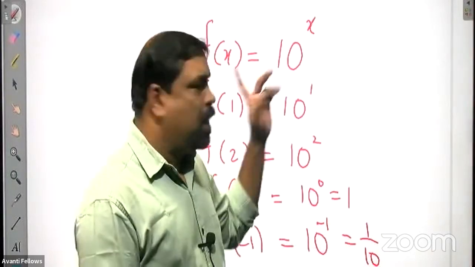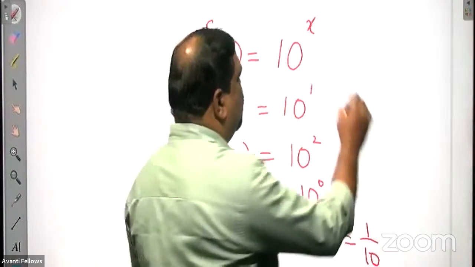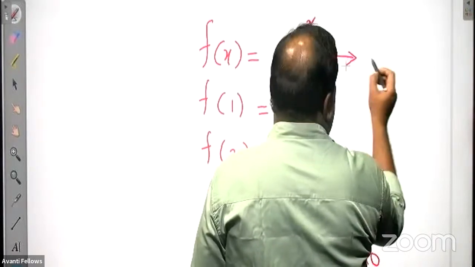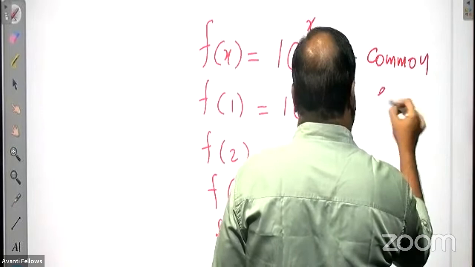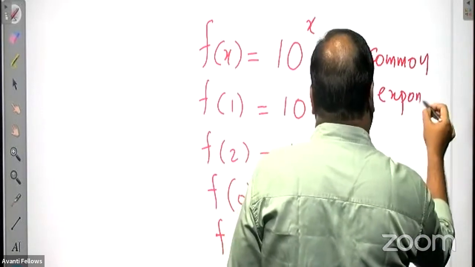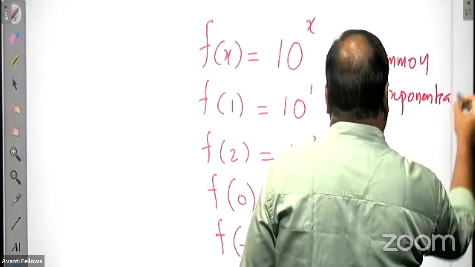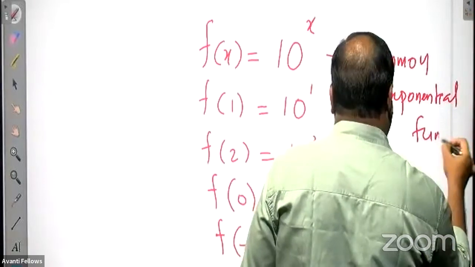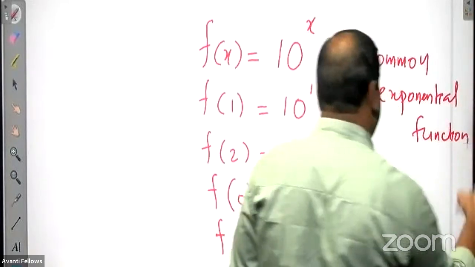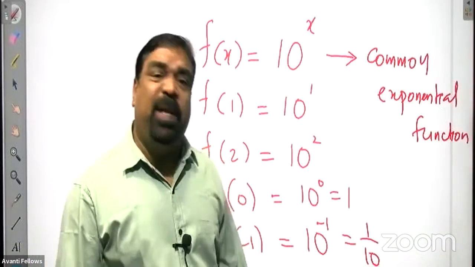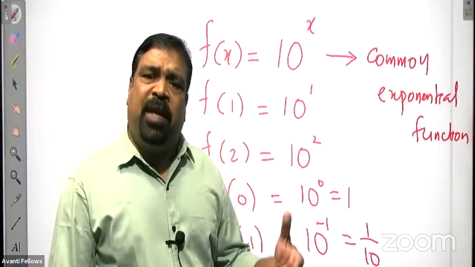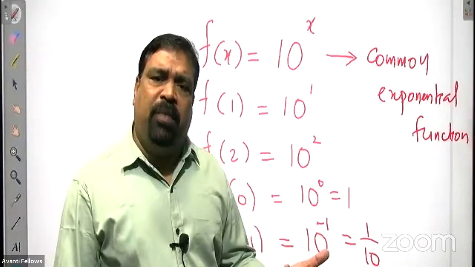The base is 10, and this exponential function we call the common exponential function. The base can be any real number which is greater than 1.